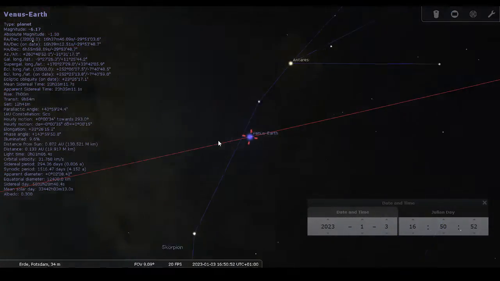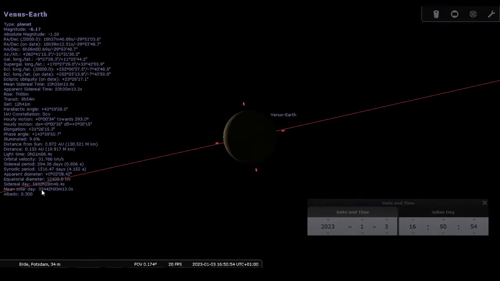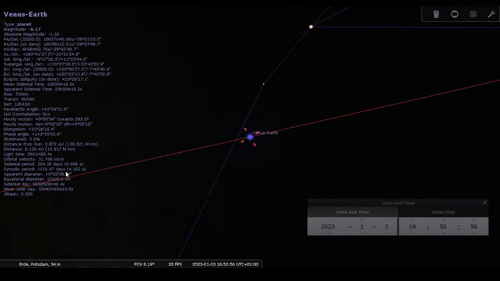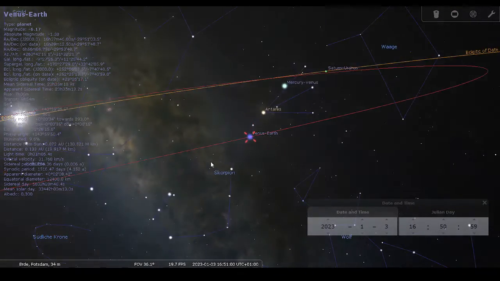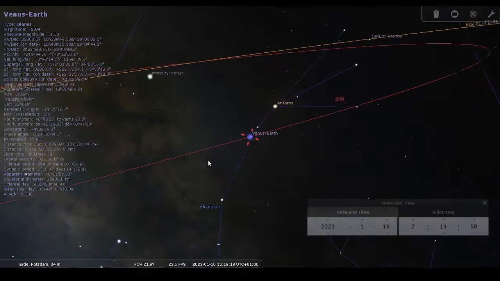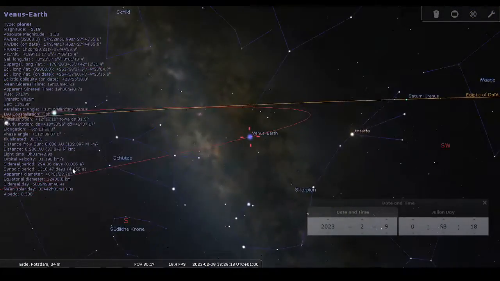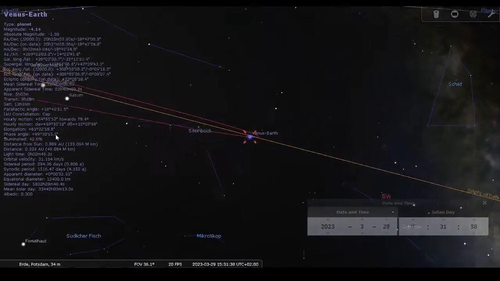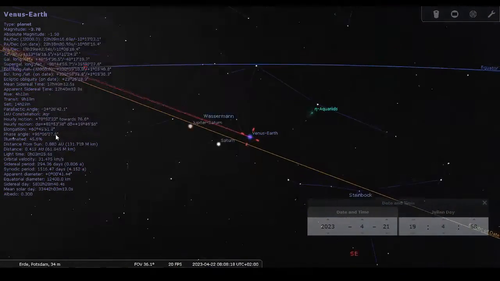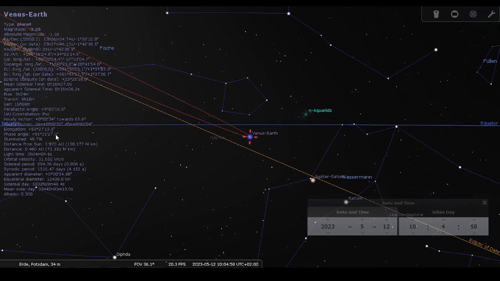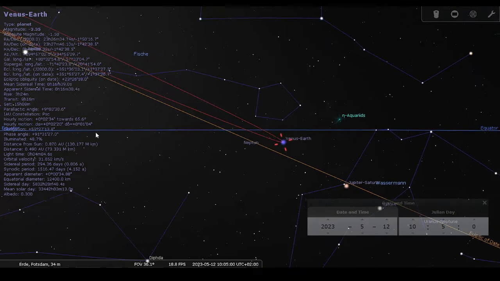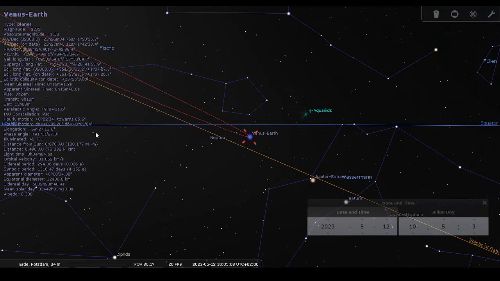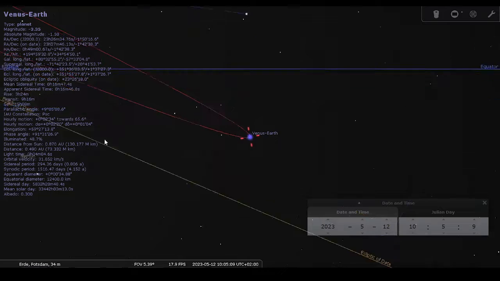And there you can see this planet is moving rather far away from the Sun. The elongation is getting very high, more than 61 degrees. That is also higher than the maximum elongation of Venus. I think that it should be about 46 or 47 degrees at maximum.